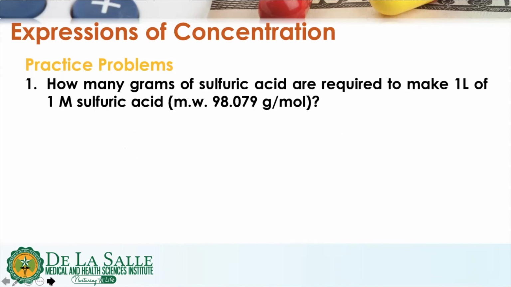So first, how many grams of sulfuric acid are required to make 1 liter of 1 molar sulfuric acid? Now remember our formula. Molarity is equal to weight over molecular weight divided by the volume.